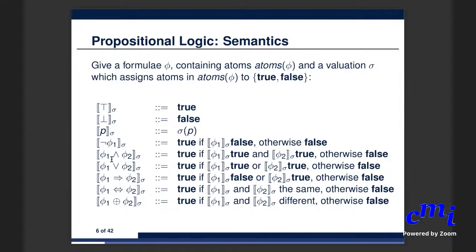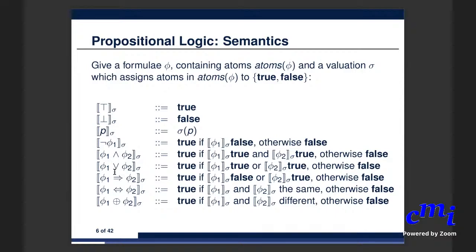Okay, the formula phi1 and phi2 will be assigned true if both the interpretation for phi1 as well as phi2 in sigma is true. If either of them is false, then it will be given the truth value false. Similarly, all the others.